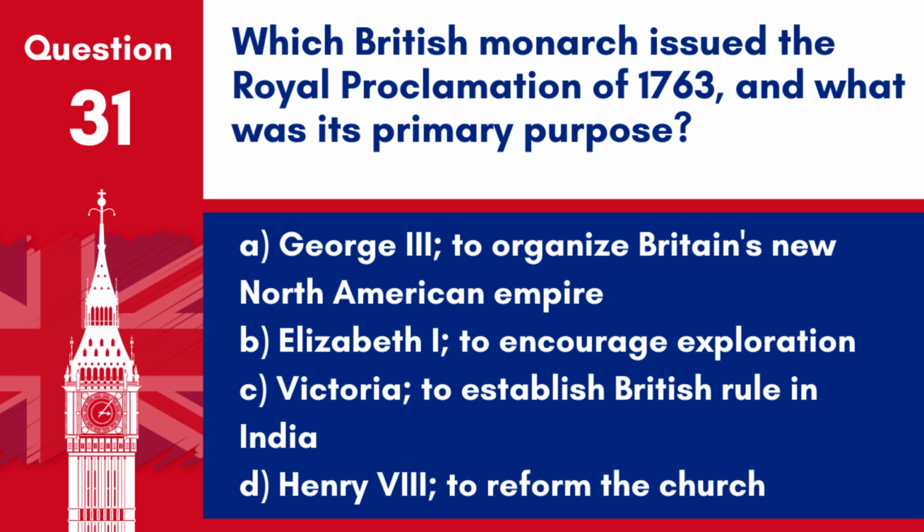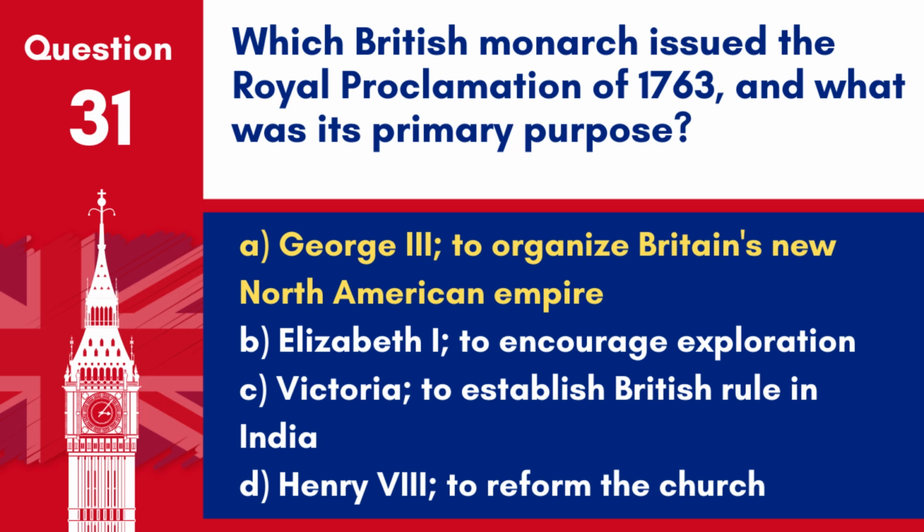B. Elizabeth I, to encourage exploration. C. Victoria, to establish British rule in India. D. Henry VIII, to reform the Church. Answer A. George III, to organise Britain's new North American empire.